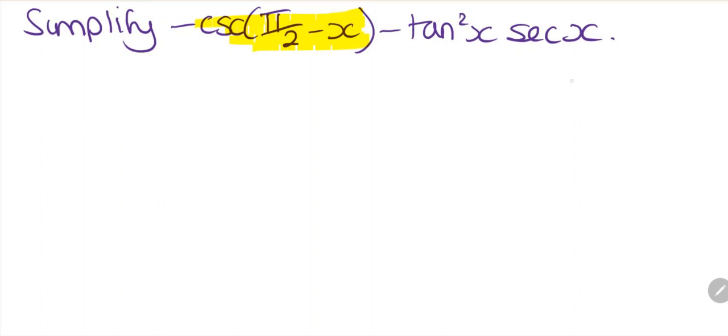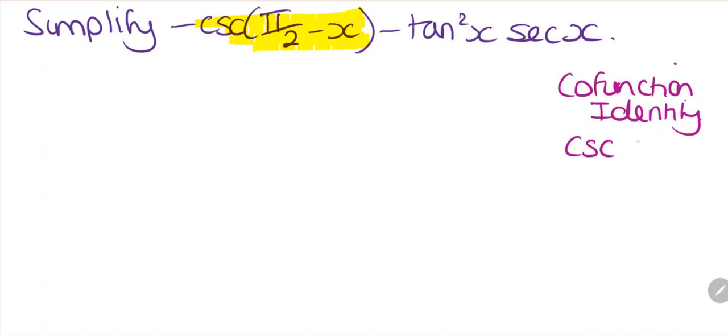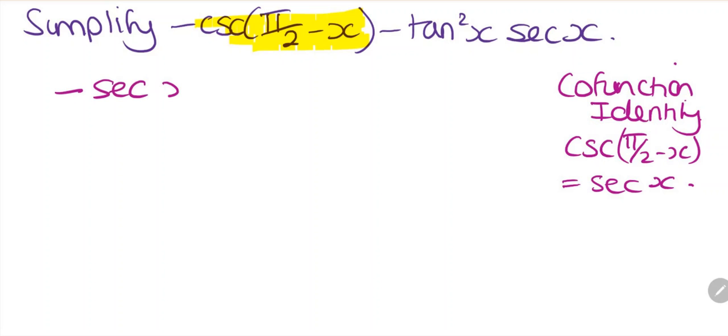So for our cofunction identity, cosecant of pi over 2 minus x, the complementary angle with cosecant is secant of x. So we can just substitute. So this is going to be minus secant x minus tan squared x, and then we have secant of x.